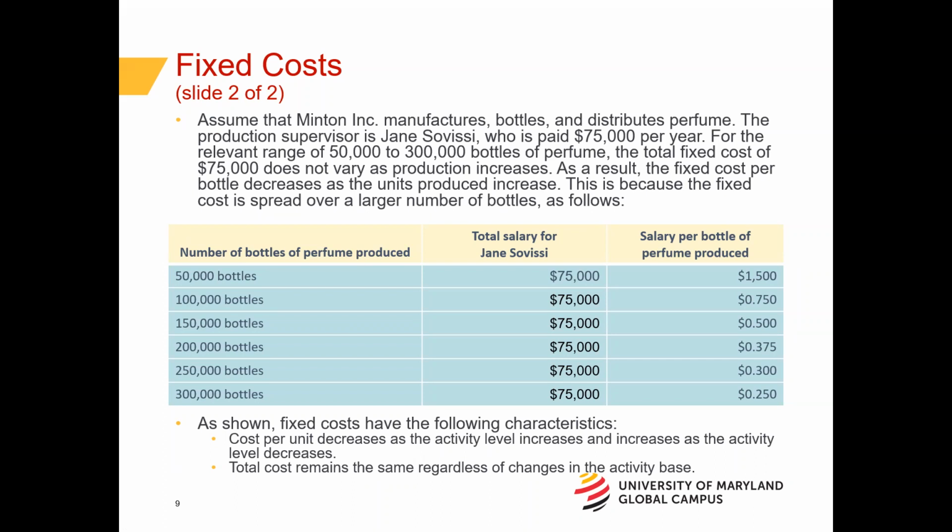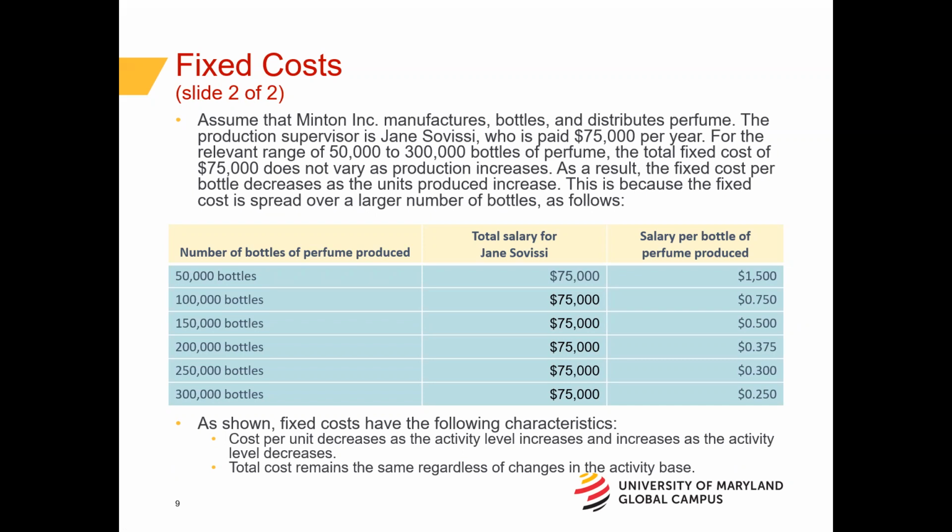Now, what we can do with fixed costs is figure out the allocation of fixed costs in the production process to the respective individual bottles of perfume or individual anything, right? The individual units. So take a look at this.